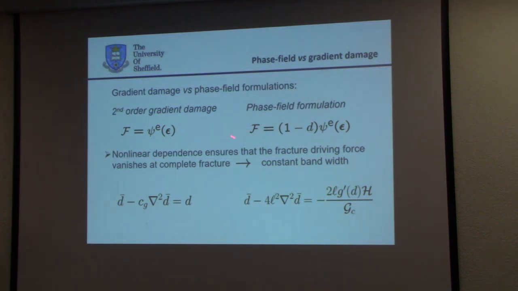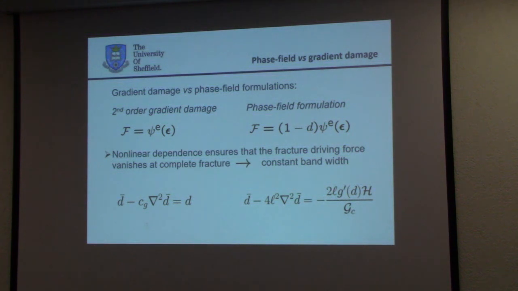Here you see that the driving force in the phase field formulation is more convenient. Because when d equals 1, so at the end of the failure process, the driving force has gone to 0.